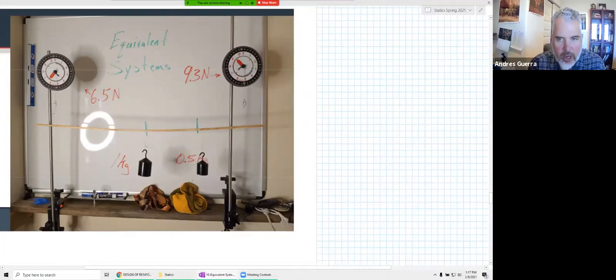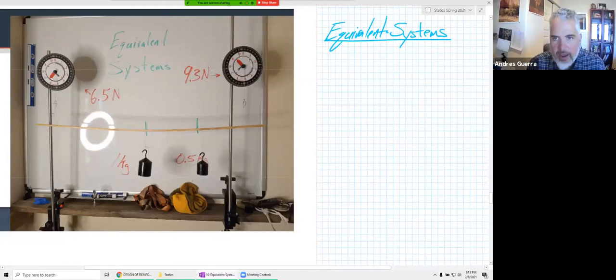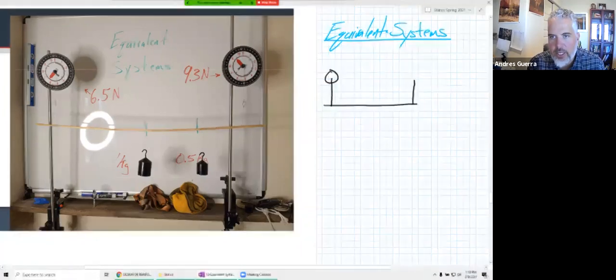And actually, let's draw a picture of this for today's topic on equivalent systems. We'll do our notes alongside these pictures. So for equivalent systems, we have our setup here, and we have a tension protractor, and then there's a meter stick that's suspended between these 2 tension protractors here.